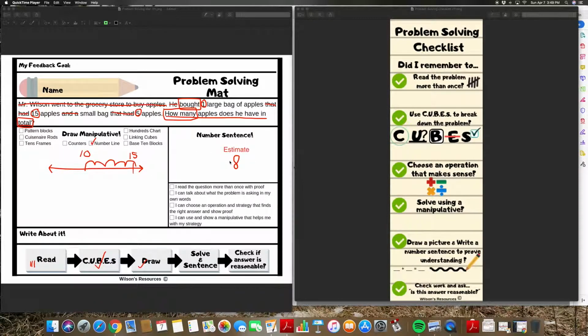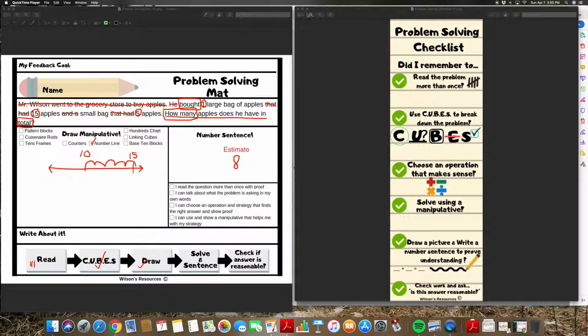It's always important as a mathematician, when you're reading a problem for the first time, to give yourself a number, a gauge of where you think your number will be, and this will help you see if your answer is reasonable. So this person read it once and thought, oh, the number's getting smaller, I'm going to say it's probably around 8.